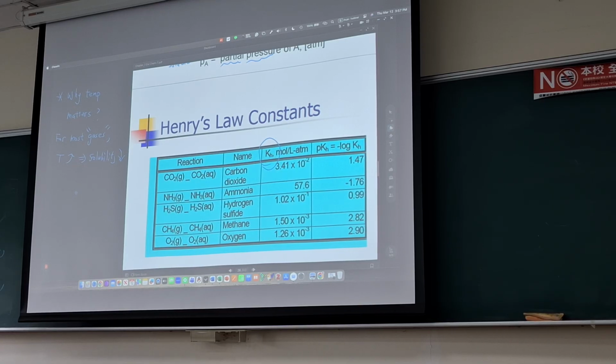In contrast, for most solids and liquids, as temperature increases, solubility increases. That's what we usually recognize, right? But for most gases, not all, as temperature increases, solubility decreases.